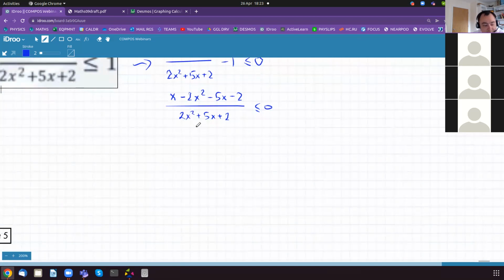I'll try to factorize the denominator. Sorry, I'll just cheat a little, using technology. It's going to be 2x plus 1 and x plus 2.